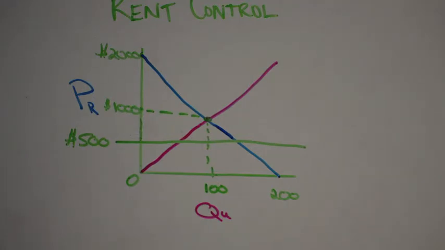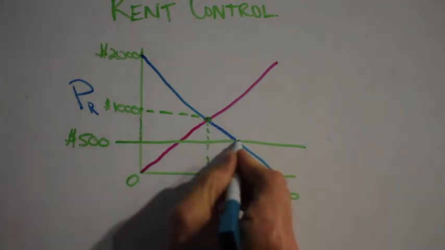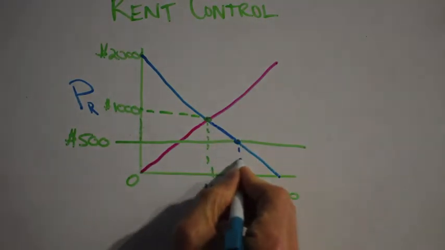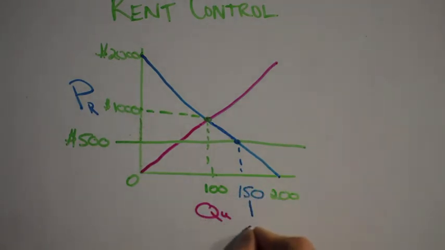Well, as we discussed earlier, the law of demand being an inverse relation, when the price goes up, the quantity goes down. When the price goes down, the quantity goes up. So what's actually going to happen is we are going to slide along our demand schedule to this point here, to 150 units demanded, and the same thing on our supply schedule, being a direct relationship between price and quantity.